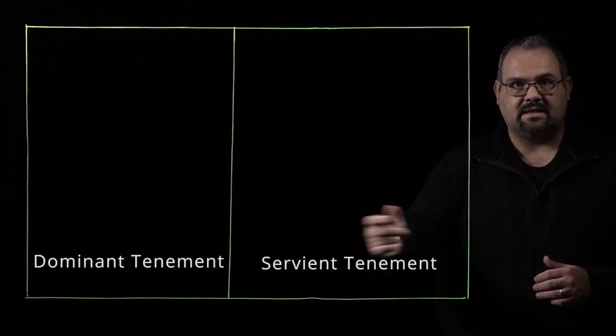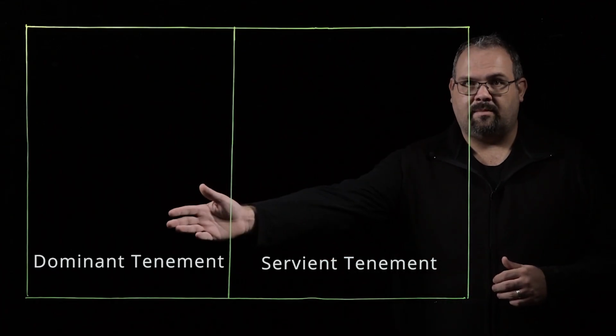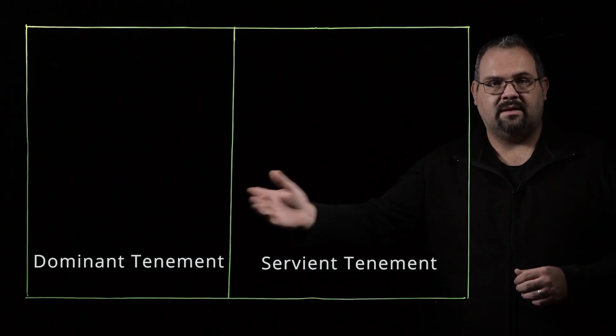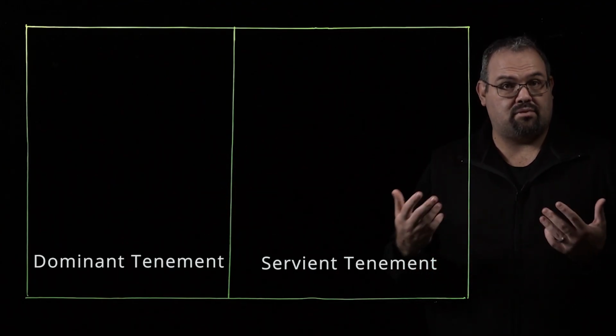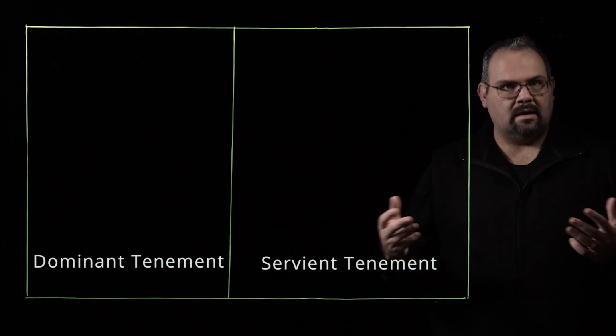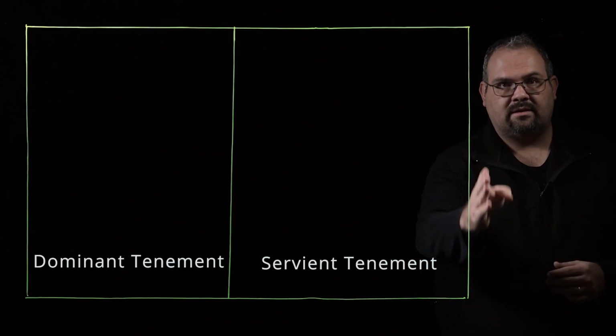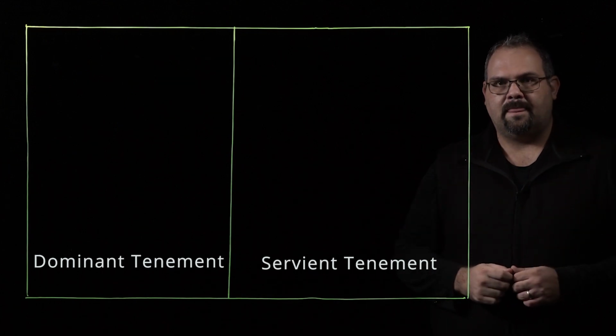We have the servient tenement over here and the dominant tenement over there. If the dominant tenement creates a servitude, a praedial servitude, let's use the example of a right of way to get to a road over here.